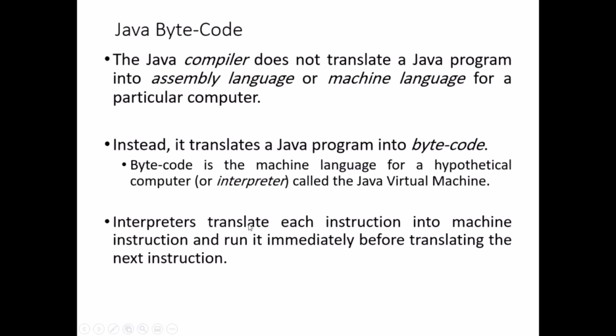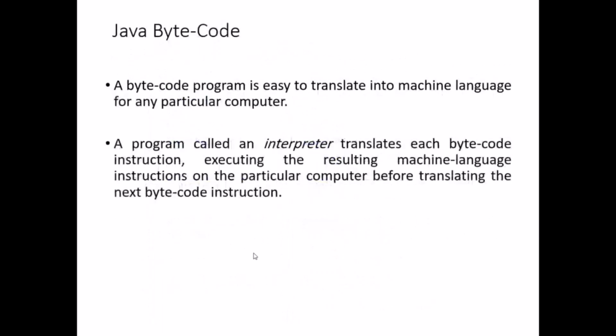Interpreters translate each instruction into a machine instruction and run it immediately before translating the next instruction. So it does translating instruction by instruction, not like the compiler, which translates everything together and puts it in executable code. A bytecode is easy to translate into machine language, and the program that translates bytecode into machine language is called the interpreter, JVM.